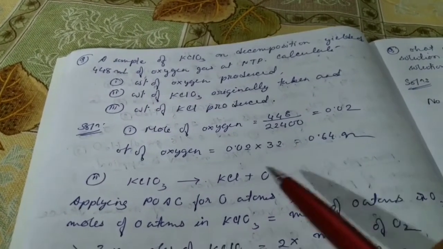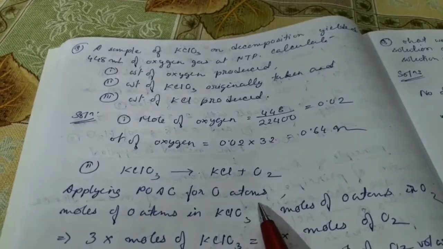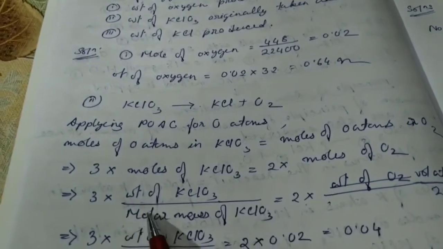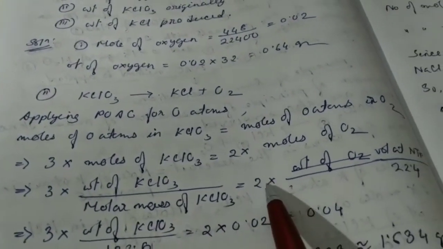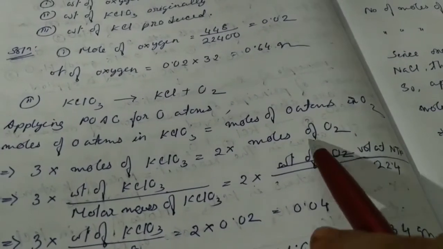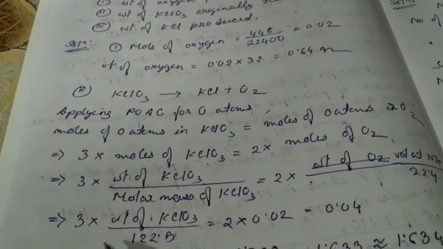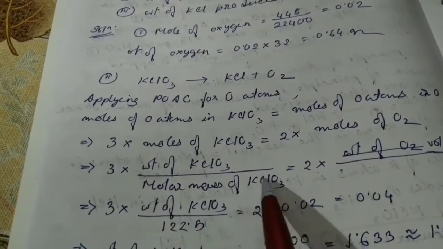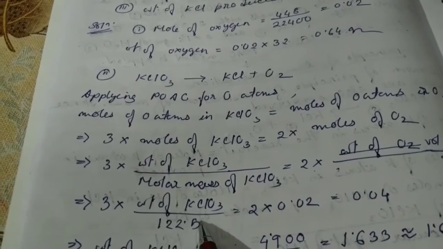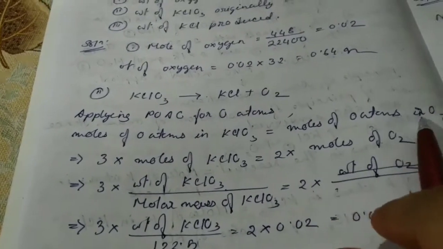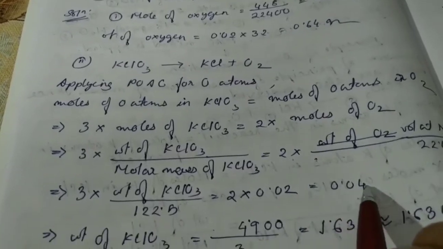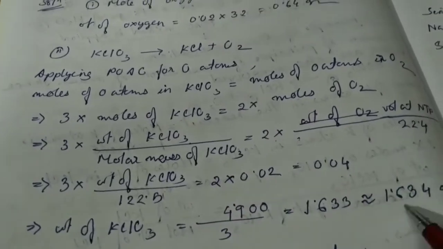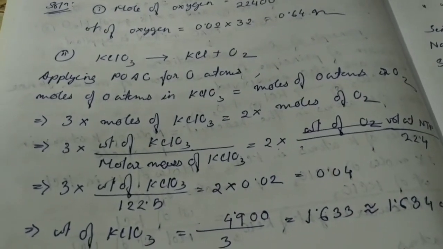Applying POAC for the oxygen atom, since we have already calculated the moles, 3 into moles of KClO3 equals 2 into moles of oxygen, which is 0.02, already calculated. Weight of KClO3 is unknown in this case, but the molar mass is 122.5, that we have calculated. So it will be equal to 2 into moles of oxygen, that means 0.04. Then we can calculate the weight of KClO3 originally taken as 1.634 gram.